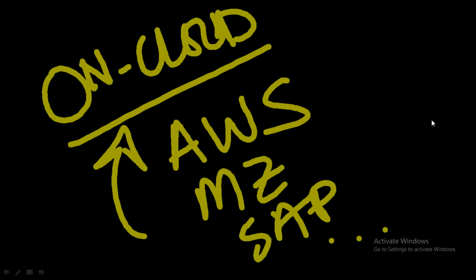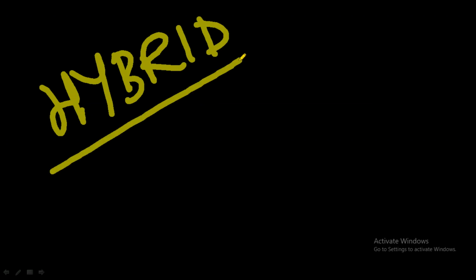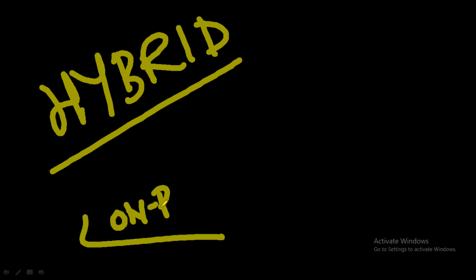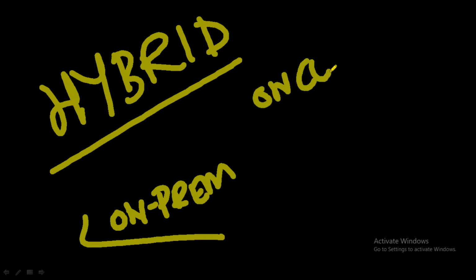So for huge memory requirement storage data, we have today a combination called the hybrid environment. Okay, so let me just clear this. Hybrid landscaping or hybrid deployment. So hybrid deployment is something that we have on-premise combined with on cloud.